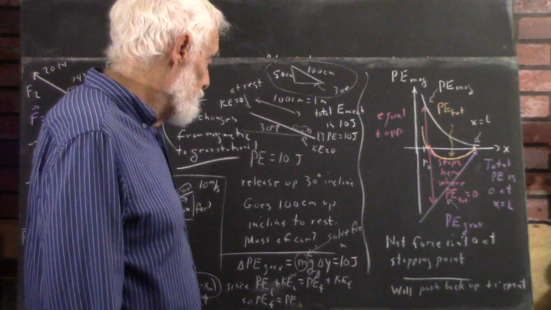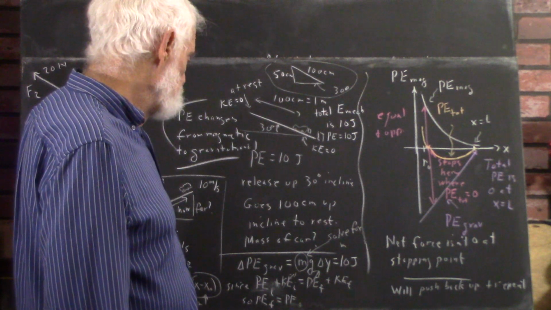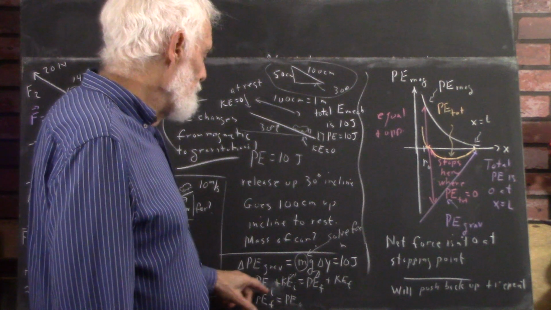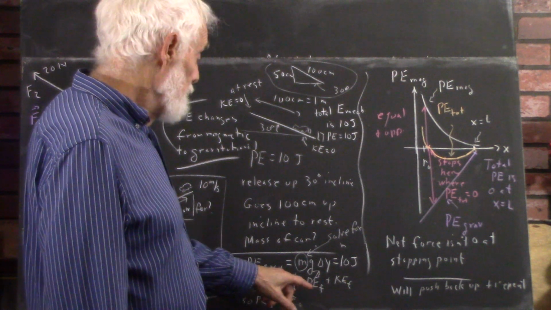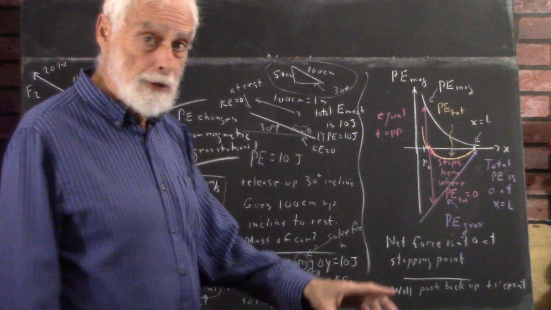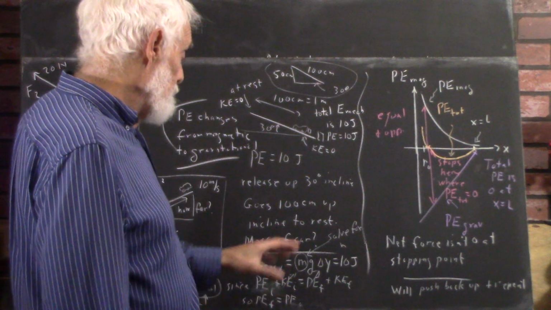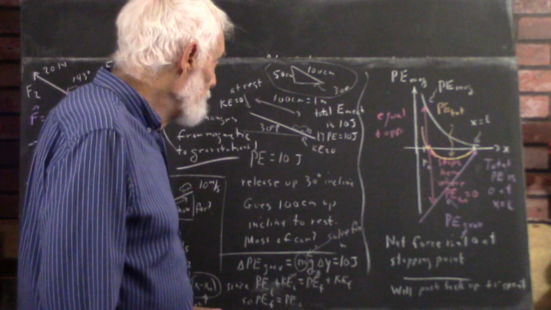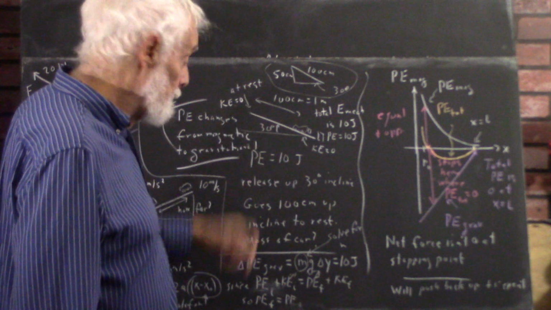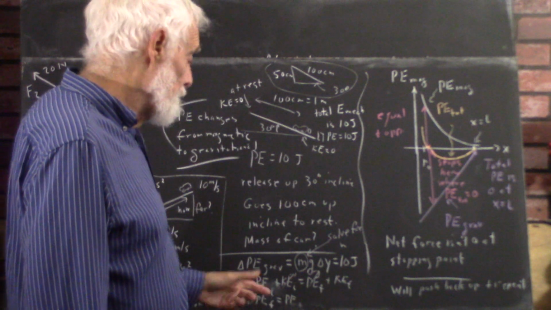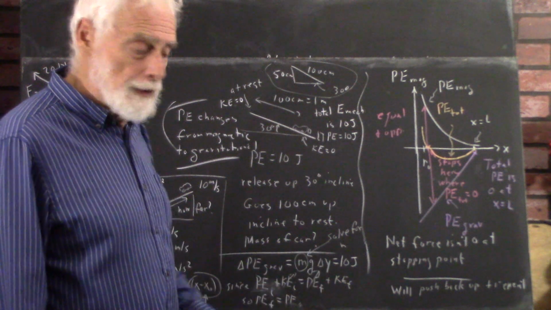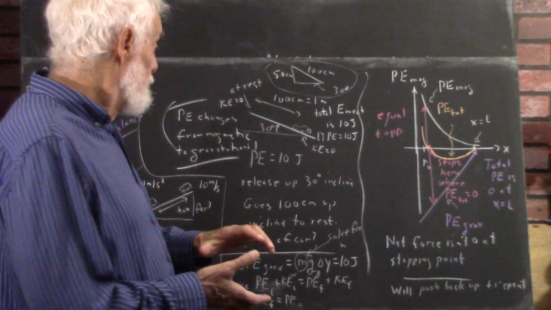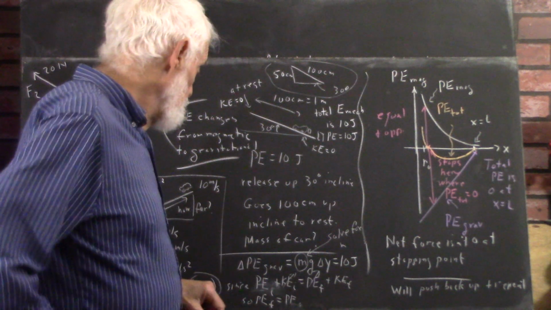That's got to equal your 10 joules, since the initial sum of potential and kinetic energies is equal to the final sum of potential and kinetic energies, because implicitly or explicitly in the statement of the problem, there are no dissipative forces. The only forces acting again are going to be the source of your potential energy here and the gravitational forces.